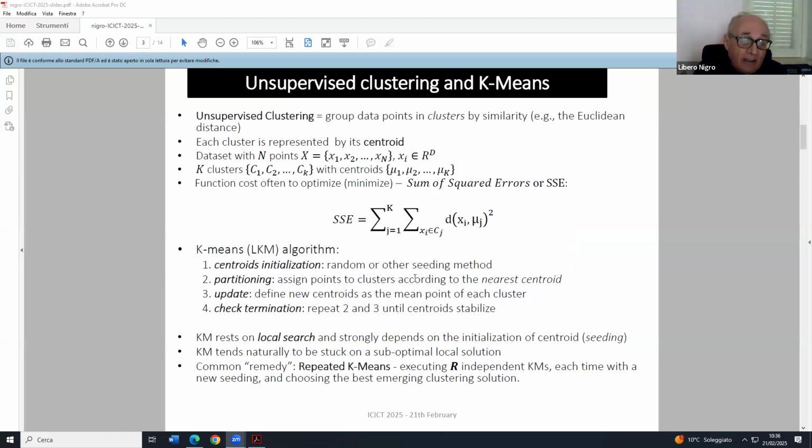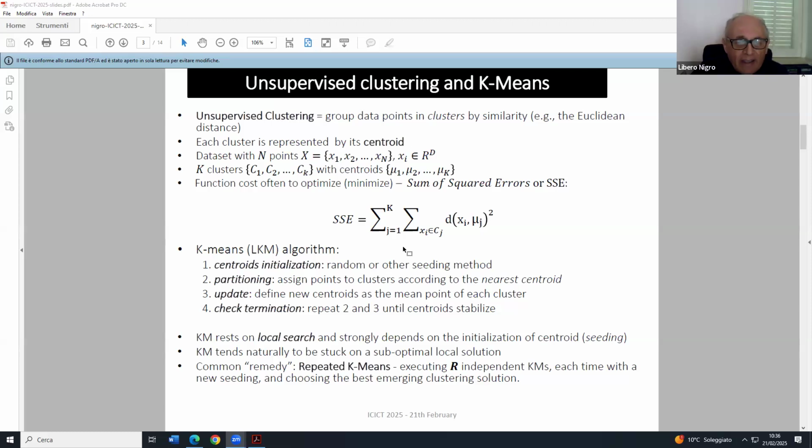But K-means suffers from some limitations because it strongly depends on the initialization of centroids, and it can easily get blocked in a local suboptimal solution.